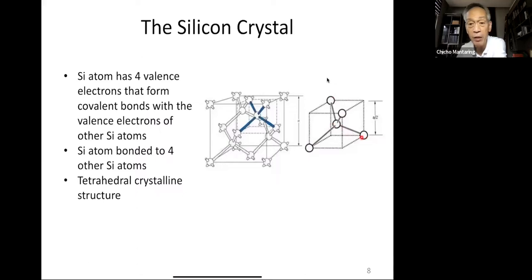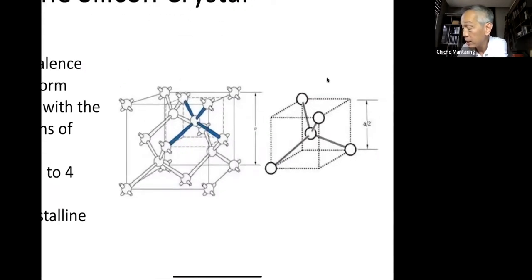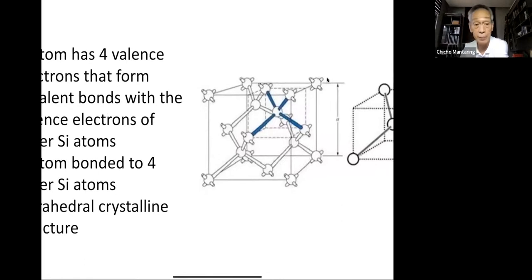The base shape of the crystal consists of four atoms, and that lodges itself in a regular pattern such as this. It's a tetrahedral pattern. Each of these would contain four of these base shapes. That's very regular.